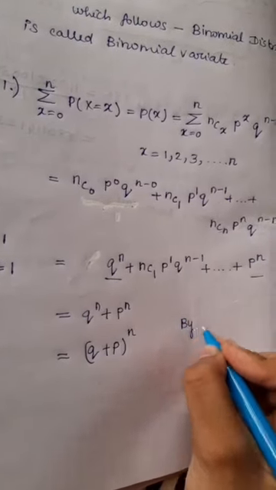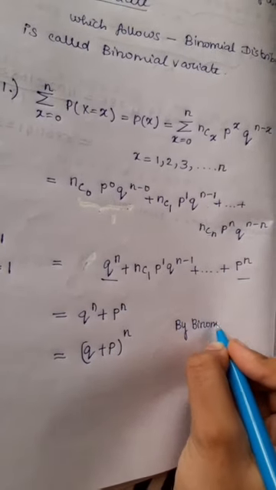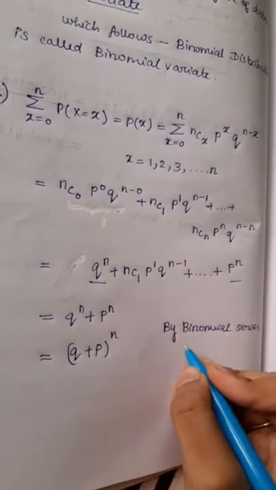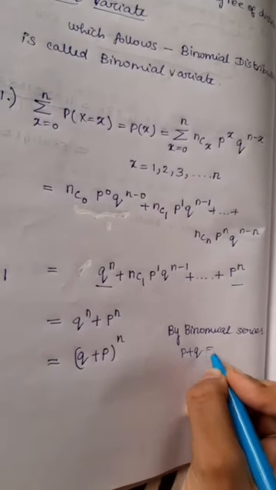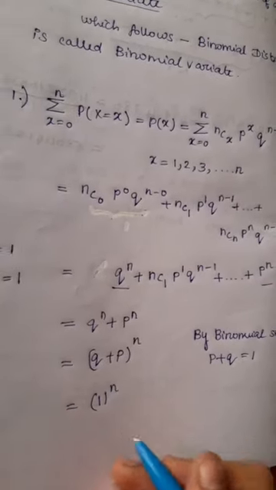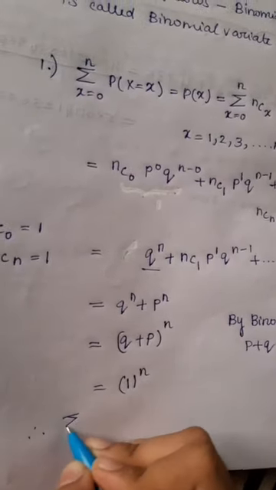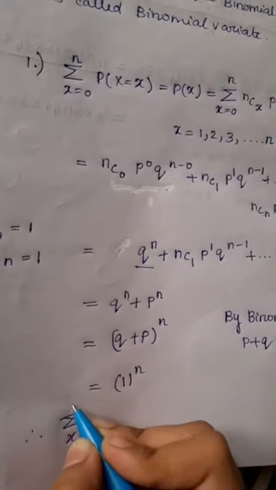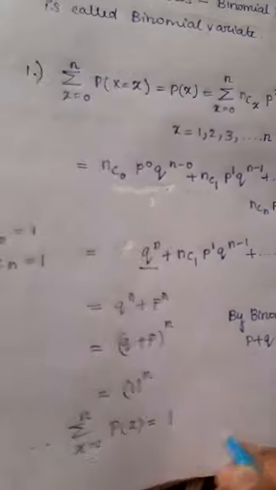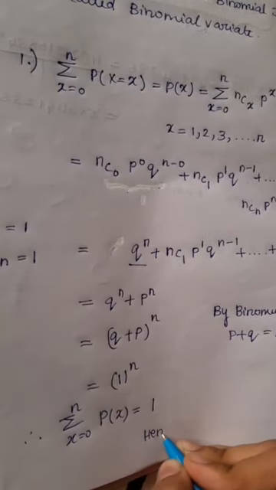Using the binomial series formula, p plus q is equal to 1, so q plus p is also equal to 1, and 1 power n is 1. Summation x equal to 0 to n of P(X = x) is therefore equal to 1. Hence proved.